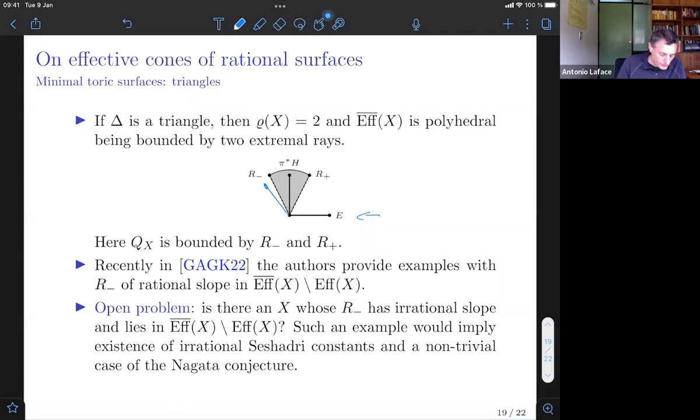In a recent work by Gonzalez Anaya, Gonzalez and Caro, they provide examples where this R minus has a rational slope and lives in the pseudo-effective cone, but not in the effective cone. So the effective cone is open on one side because no multiple of this R minus is effective, basically.